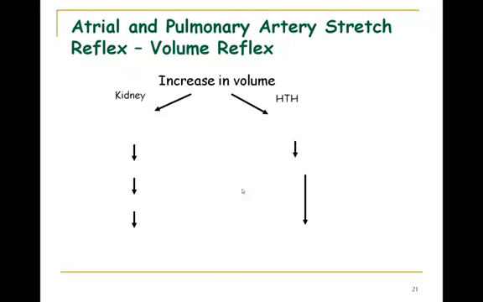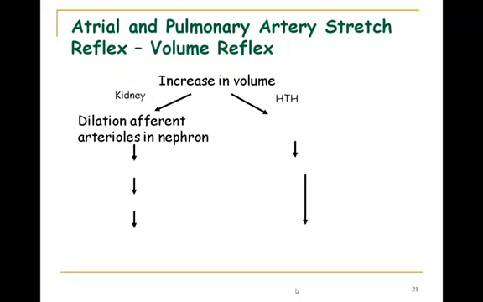So what happens is if you have increases in volume in the atria or in the pulmonary artery, this elicits a reflex that's going to result in increases in urine output. So how is it going to do that, and what's the ultimate result? It works by affecting the kidneys. In the kidneys, it causes your afferent arterioles in your nephrons to dilate.